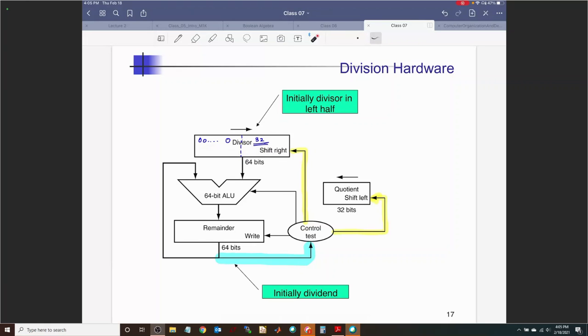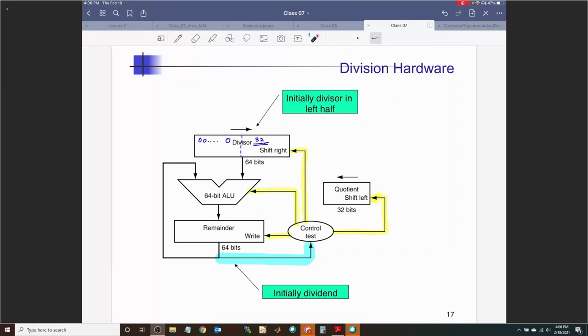You need to send the signal to do the subtraction. And if you need to do the subtraction to replace the results of the remainder, then you need to be able to write enable, essentially enabling the write for the remainder register. So 64 bits for divisor, ALU, and remainder, 32 bits for the quotient.